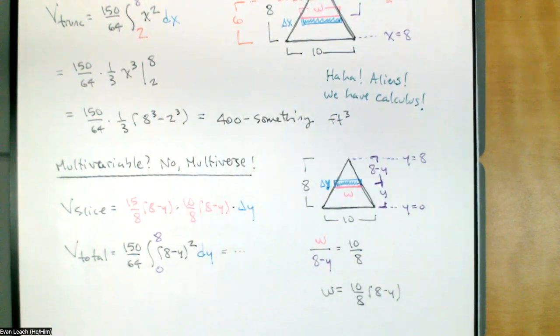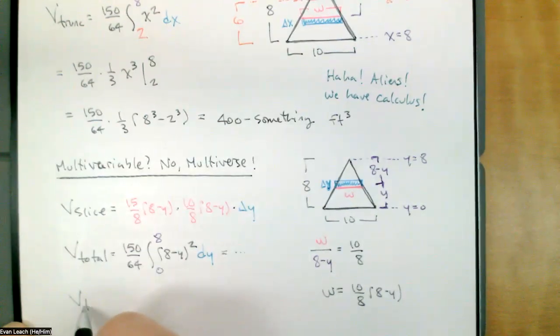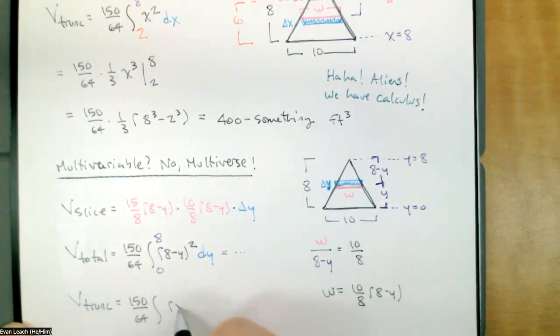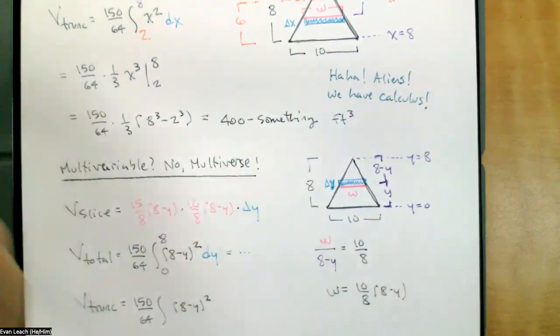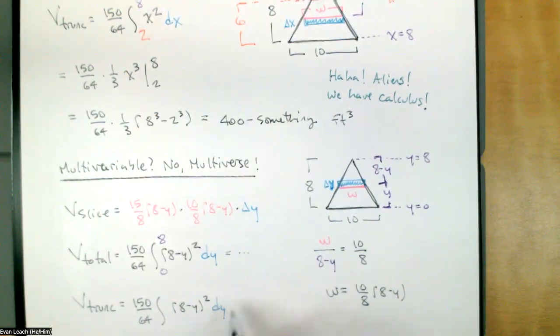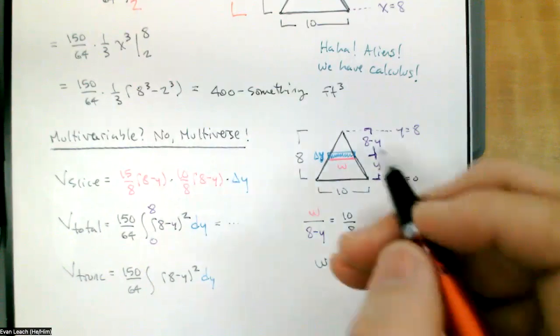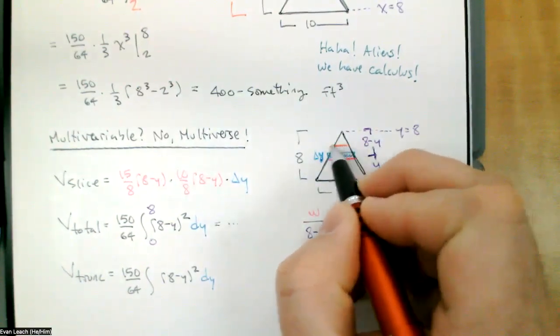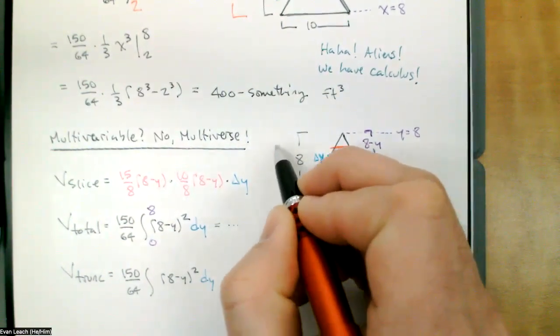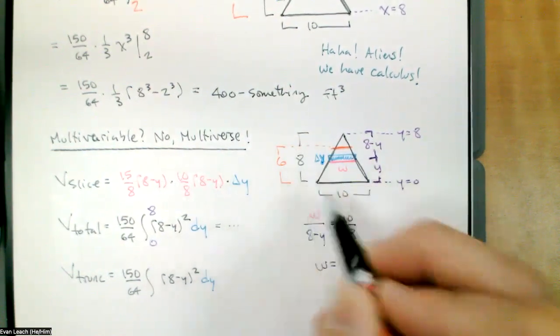What does change is if we do the truncated pyramid that the aliens got to. Because now in the truncated pyramid, we still chop the height down to 6.